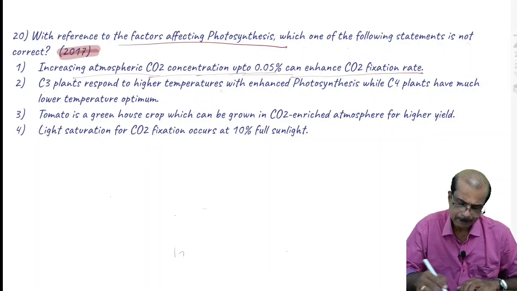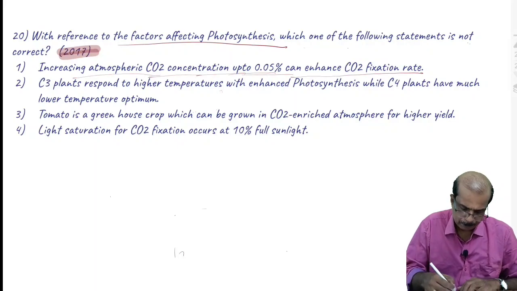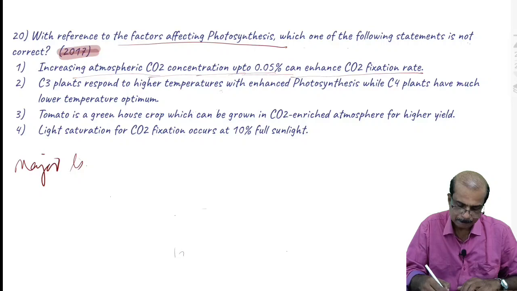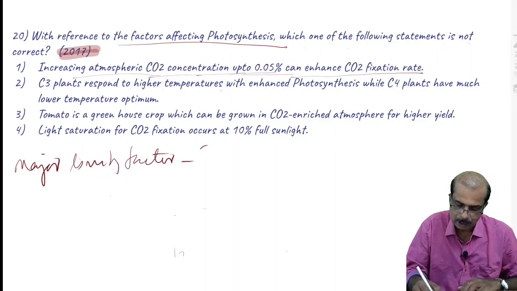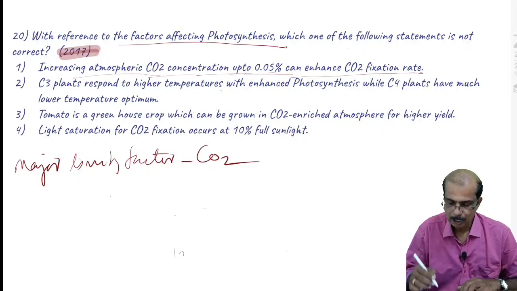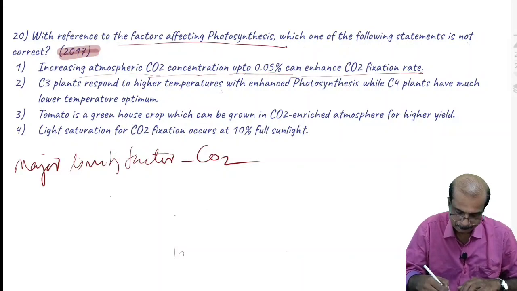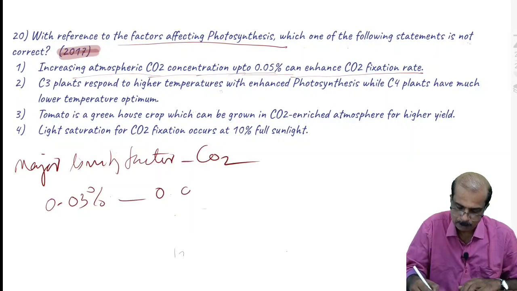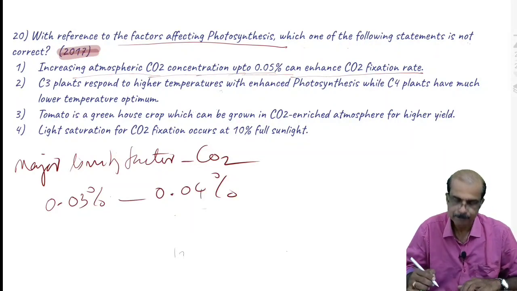We know that carbon dioxide is the major limiting factor of photosynthesis, because carbon dioxide is present in the atmosphere at 0.03% to 0.04%.